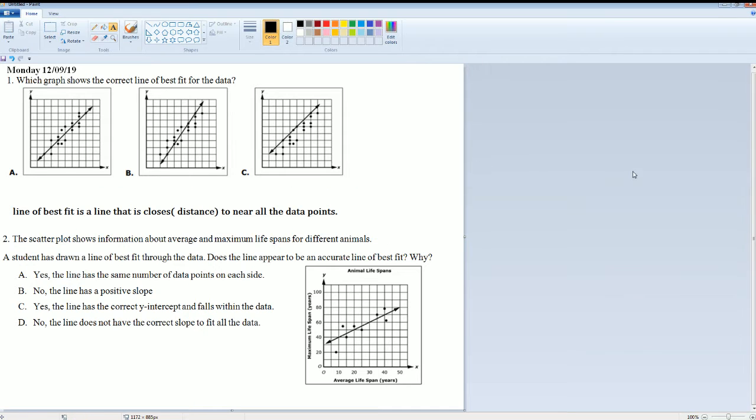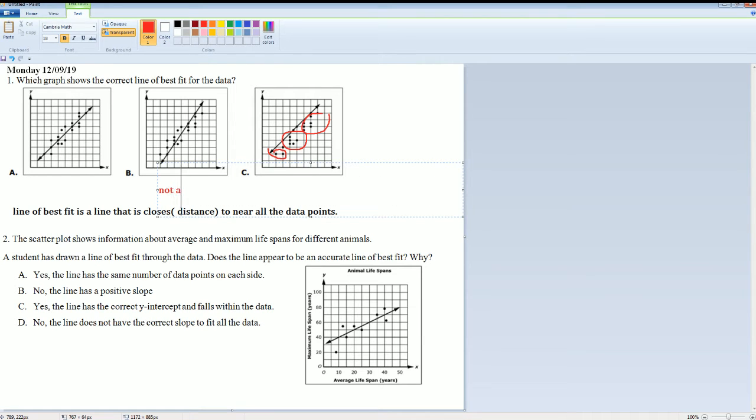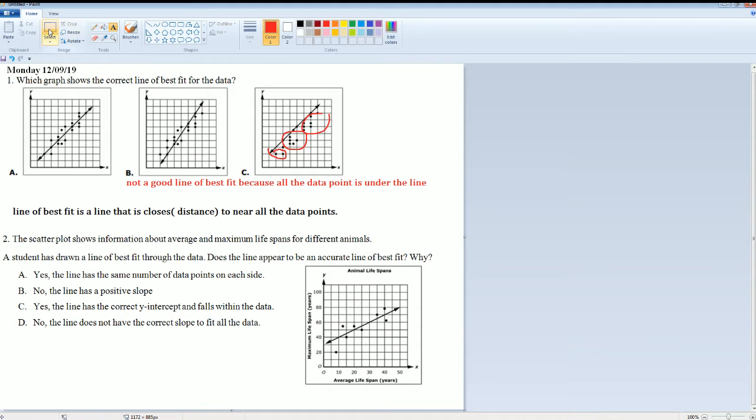Let's take a look at this one first and see what's wrong with C. Look at all the data points here. They are all below the line of best fit, so this is not a good line of best fit, because all the data points are under the line.